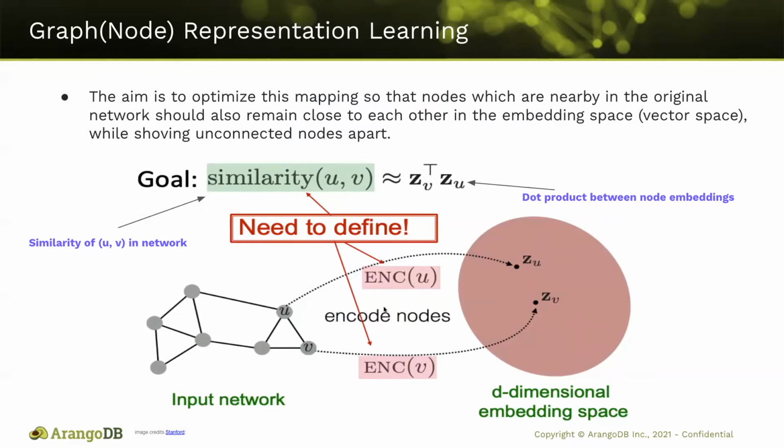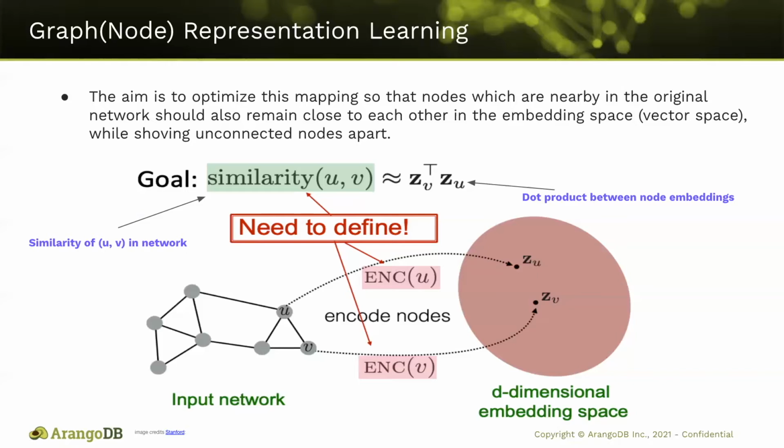Here the aim is to optimize this mapping so that the nodes which are nearby in the original network should also remain close to each other in the embedding space while pushing apart the unconnected nodes. Therefore, by doing this, we can preserve the geometric relationship of the original network inside the embedding space by learning a mapping function.